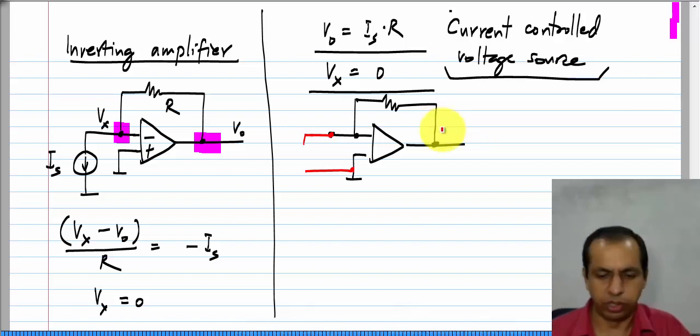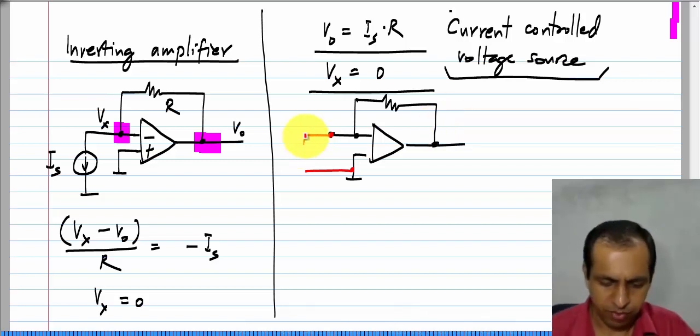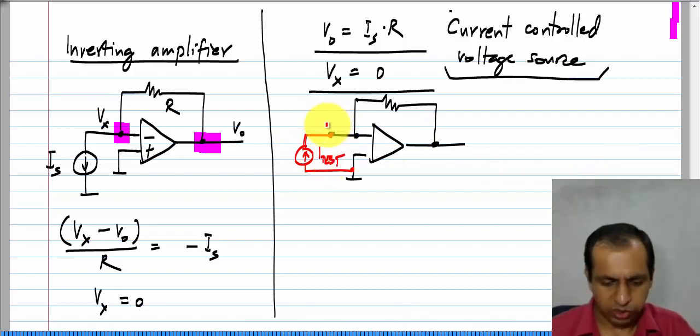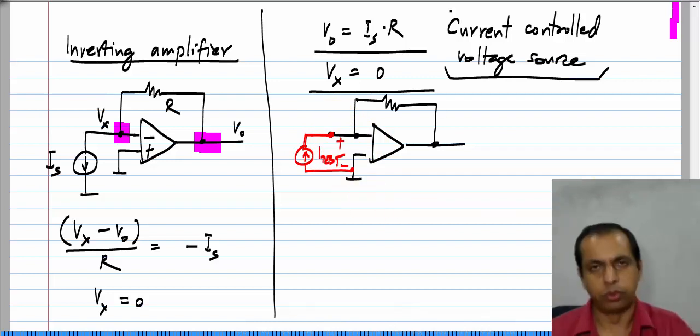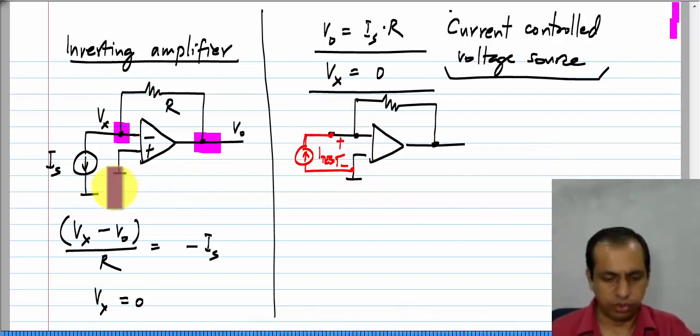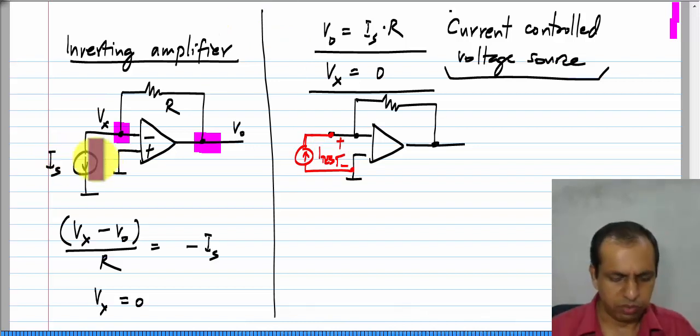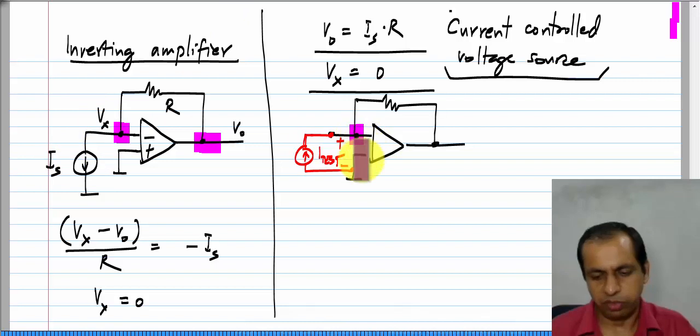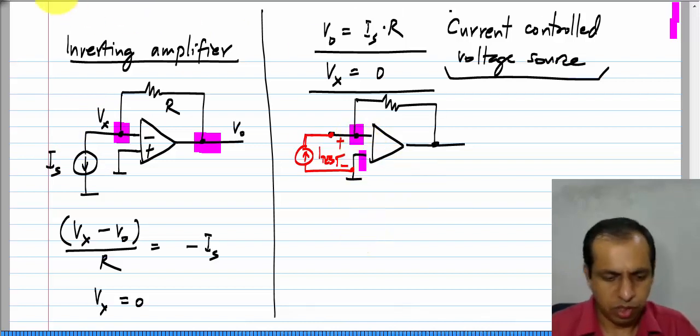So, you can only use a test current. So, I can apply I test and see what the voltage is between these two nodes, and I already have the solution to that. This circuit is exactly the same as that one. The direction of I test is opposite that of I s, but that is irrelevant, because whatever the value of I s, this V x is 0. That is because of the virtual short between this point and that point, between the inputs of the op amp.